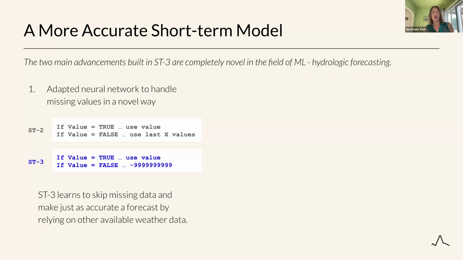And so what actually happened was the model dynamically learned that it shouldn't try and fill that value. It should use a different data source. And because our model has multiple weather forecasts, it doesn't try to use that data stream. It goes and grabs what's available. And we validated that the model does just as well with this system, with all this missing data, than it does without it.